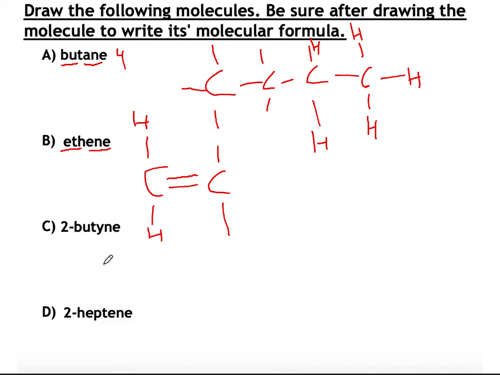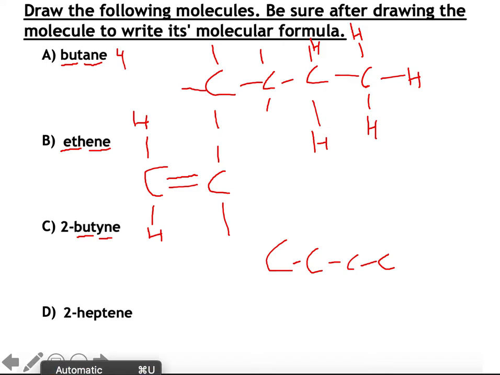This is where things get a little tricky. We have 2-butyne. First things first, start with the prefix. But tells you that there are 4 carbon atoms: 1, 2, 3, 4. The YNE tells us that somewhere within these 4 carbon atoms there is a triple bond. How do we know where the triple bond is? That's where our handy dandy number comes into play. That's 2.